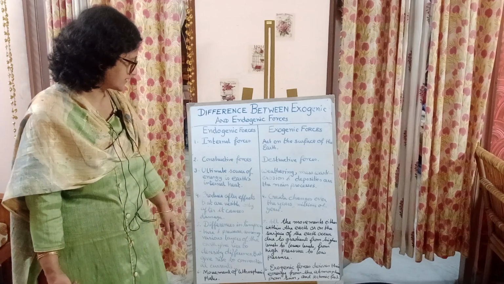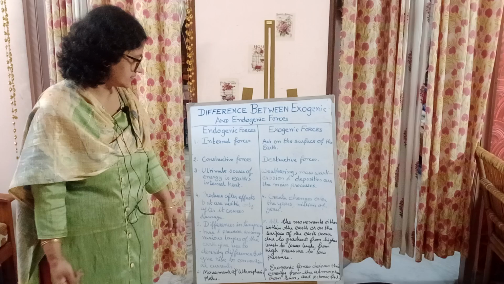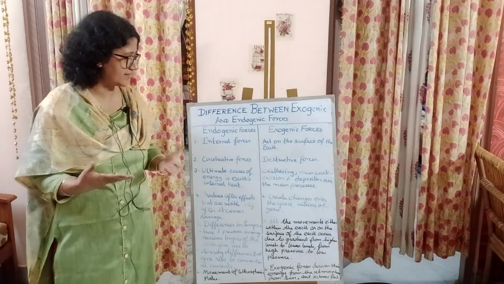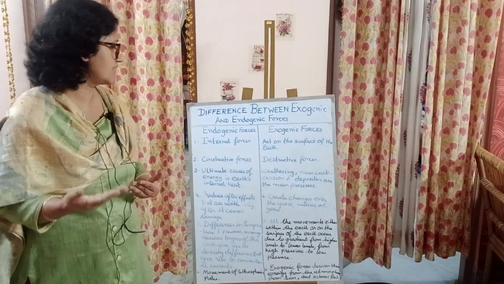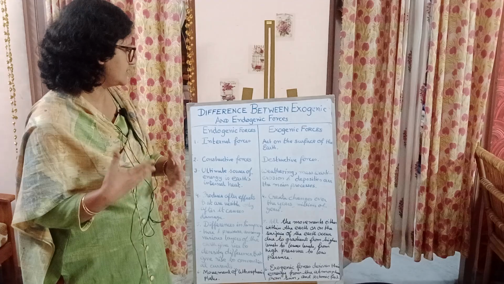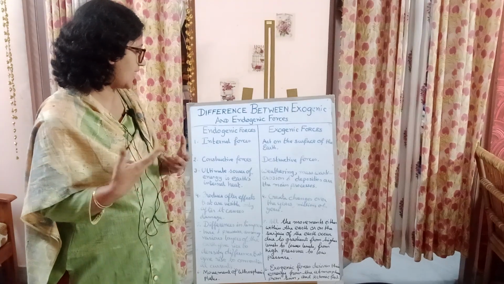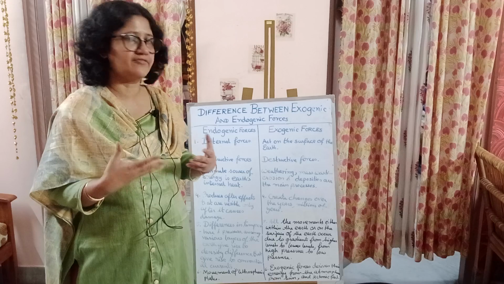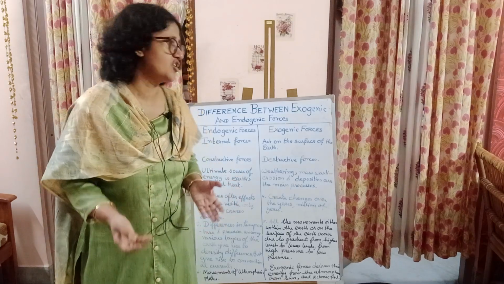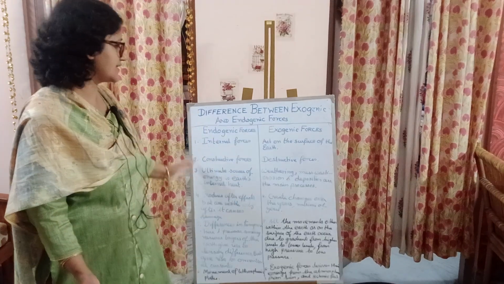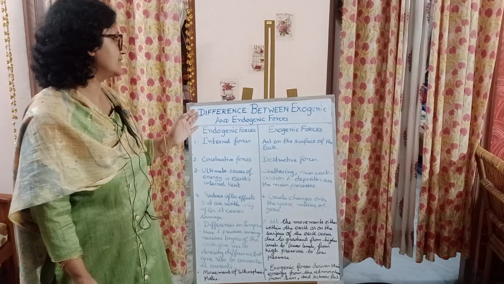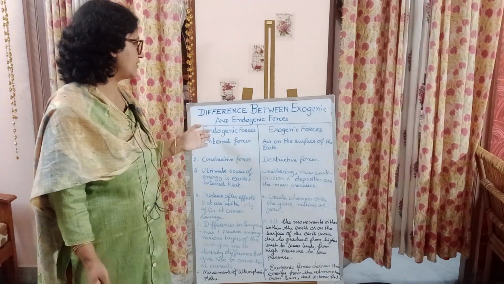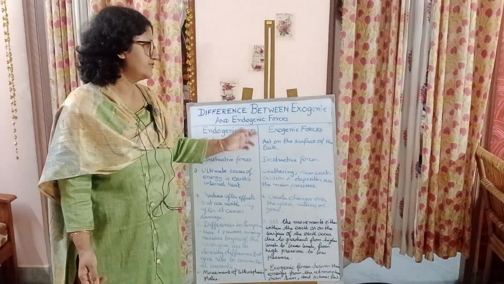Coming to the sixth difference, in endogenic forces there is movement of the lithospheric plates, and exogenic forces derive their energy from the atmosphere, that is from the sun. So these are the six differences between endogenic and exogenic forces.